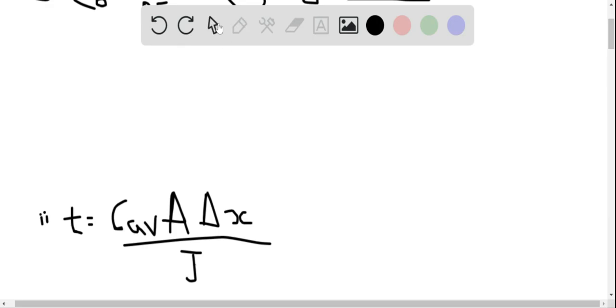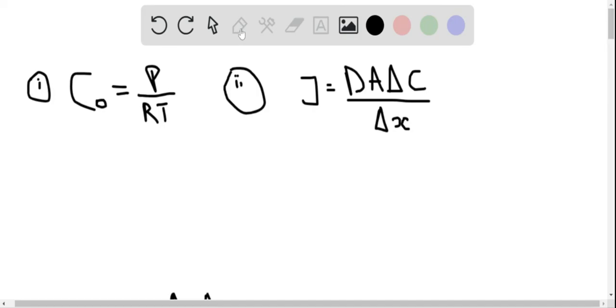So starting from the first equation, calculating the concentration of the oxygen in air. In order to calculate the pressure occurring at each length of the trachea, we'd have to calculate the pressure occurring at every part or every area of the trachea.